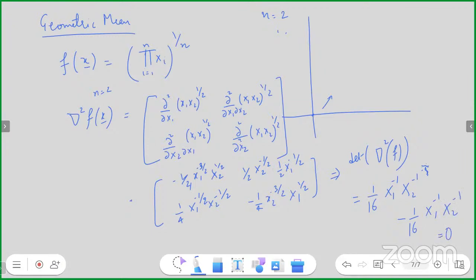So what does it tell us? It's not convex. Or is it not convex? What is it? Convex, concave, what is it?